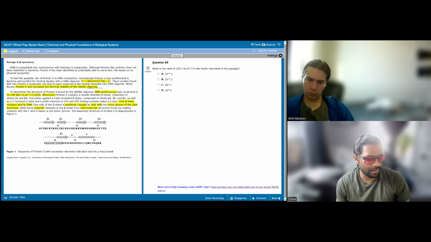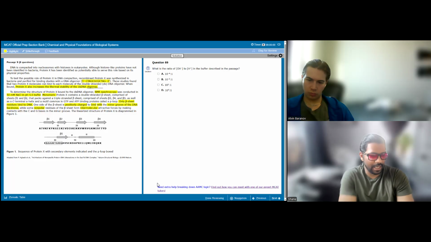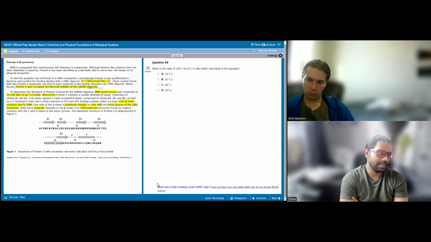And then linear. All right, then we have the sequence of protein X with secondary elements indicated in the P loop blocks. Okay, so beta one, beta two, and then the numbers, I guess, are the amino acid numbers. That E is the 10th amino acid there, right?